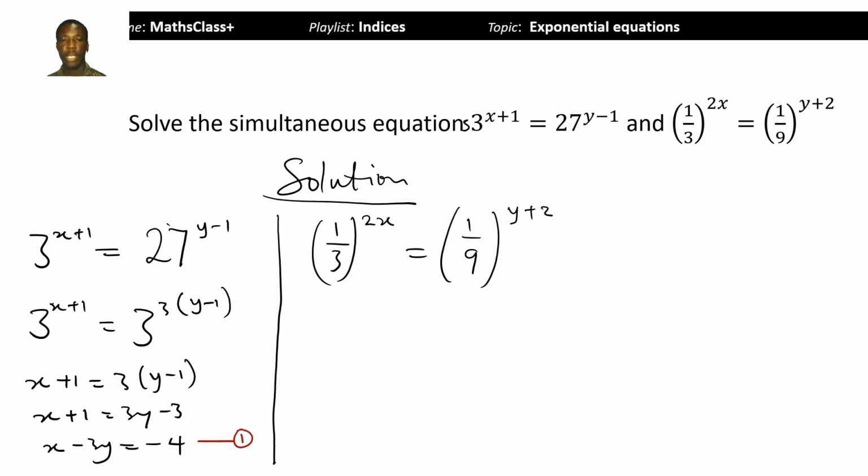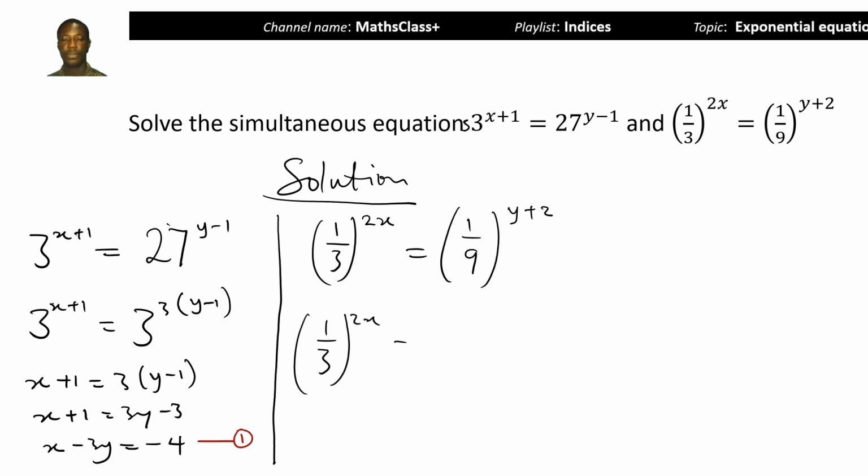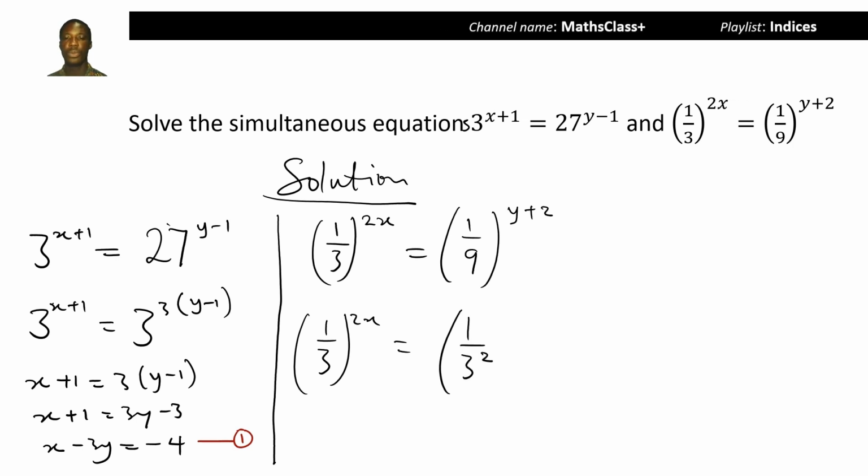So this, I can rewrite it as this. So 1 out of 9 can be written as 1 out of 3 to the power 2 and 1 to the power 2. So I have y plus 2 here. Now I'm going to bring this 2 out.